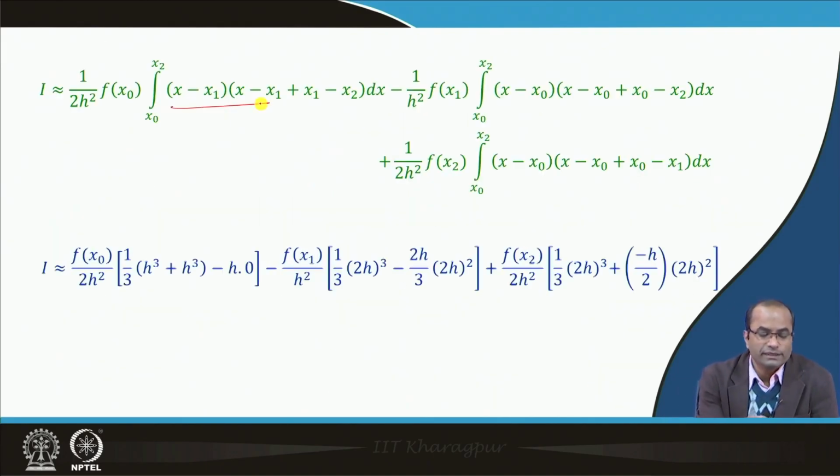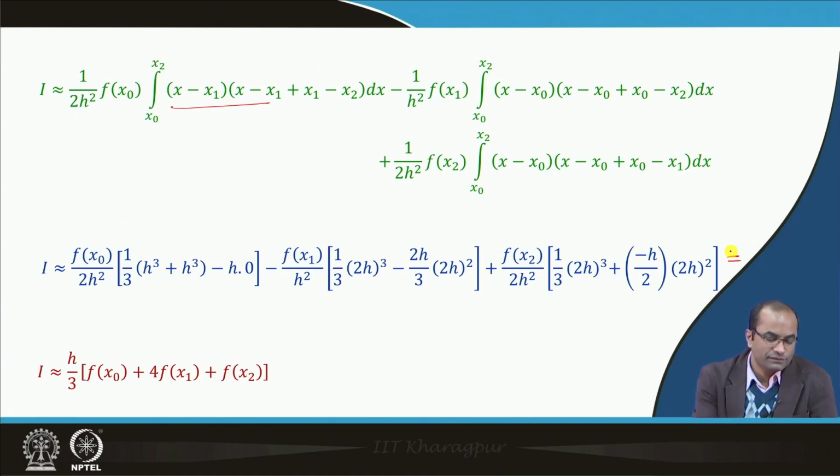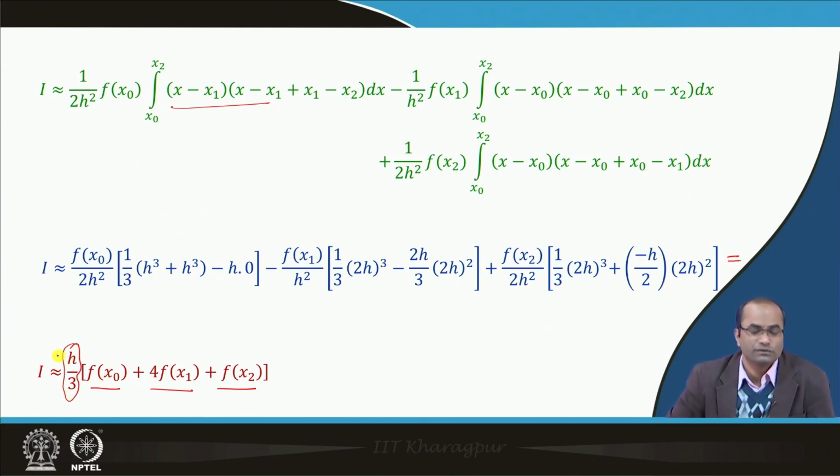If we integrate now, we get these kinds of terms, but if we simplify, we get h by 3 times f x naught, plus 4 times f x 1, and then f x 2. How can this rule be understood? We have h by 3, so it is also called the 1/3 rule: h by 3, the value at the first point, the value at the end point, and 4 times the value at the internal point.